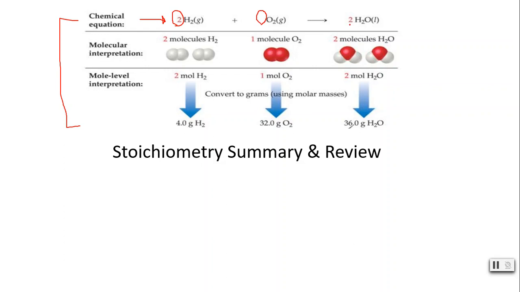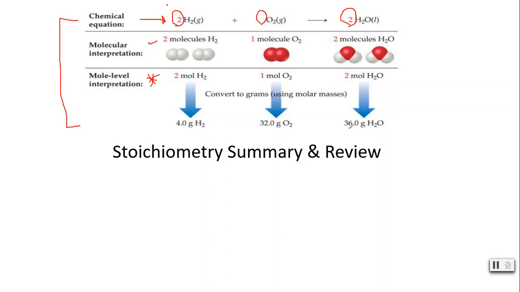relate amount of reactant and product, not just on a molecule level, but more importantly on a mole level. So from a balanced chemical equation, I use those coefficients to say something about moles of reactant and moles of product.